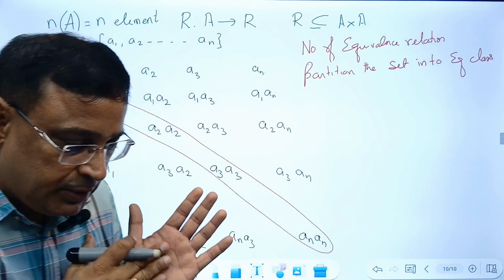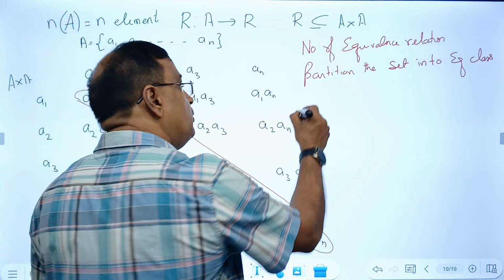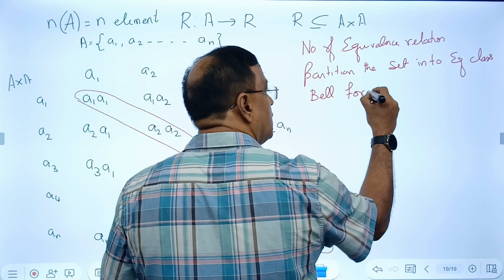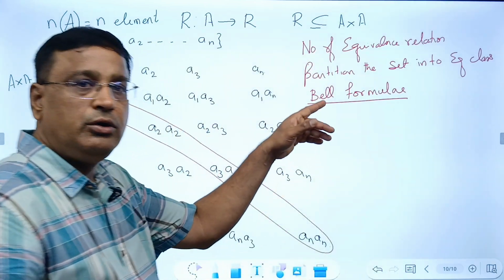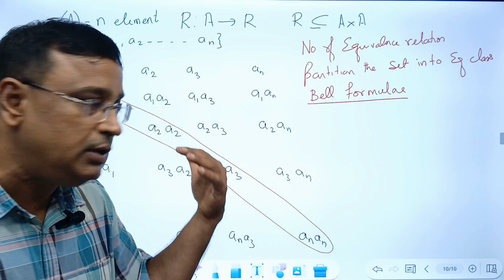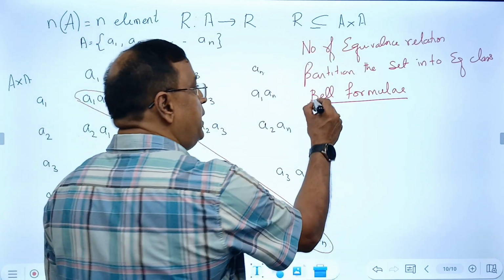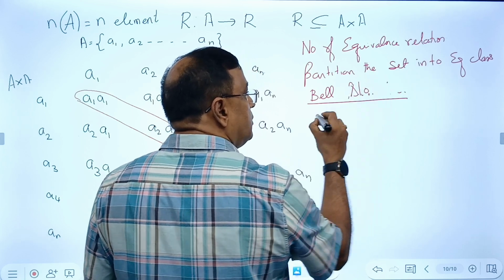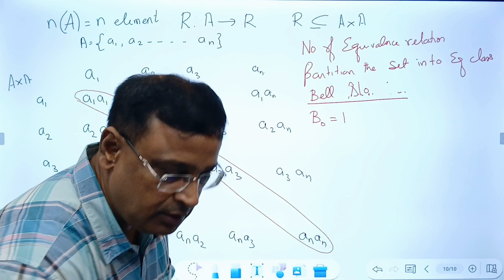So what will be the number of equivalence relations? It is once again given by a formula called the Bell formula. You can refer more on the net. I don't want to go into that, it's complicated for our level. But it is given by this formula, the Bell number. B0 is defined as 1.